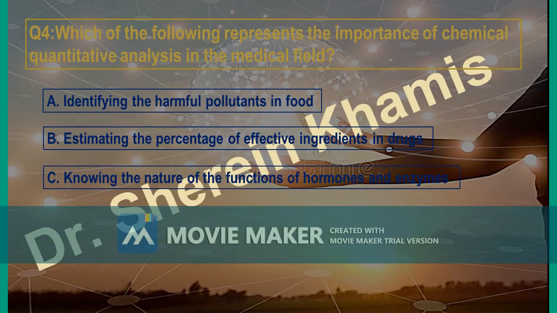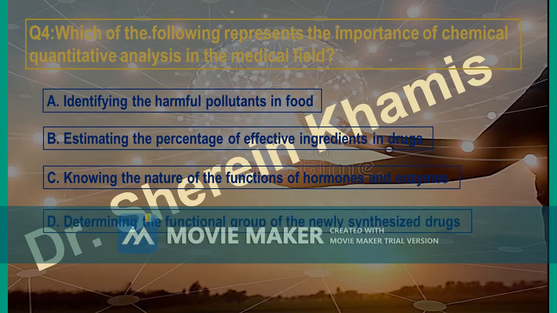Another one, knowing the nature of the functions of hormones and enzymes. Okay, it's natural, we didn't measure it, it's present inside the body. Determining the functional group of newly synthesized drugs. Maybe. Okay, the last one, none of the above.